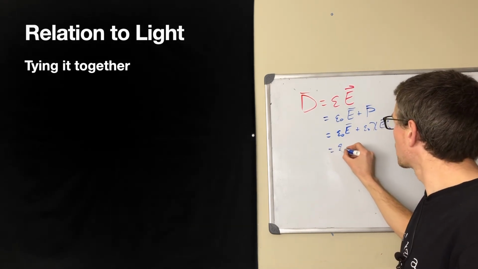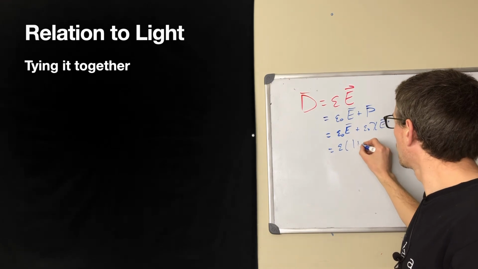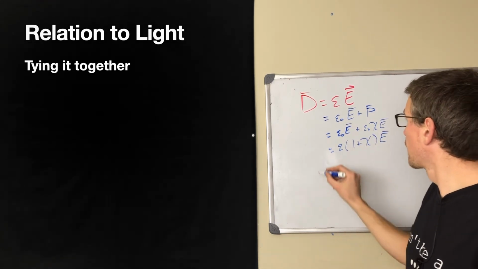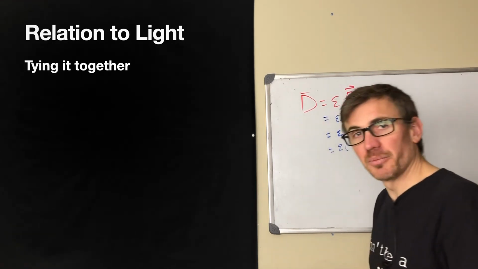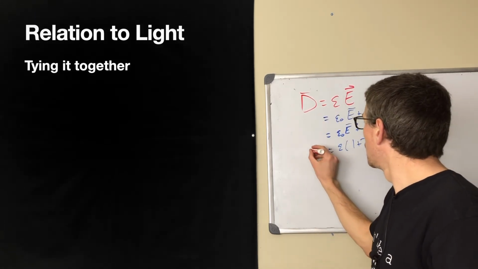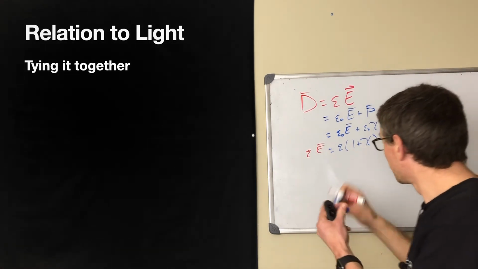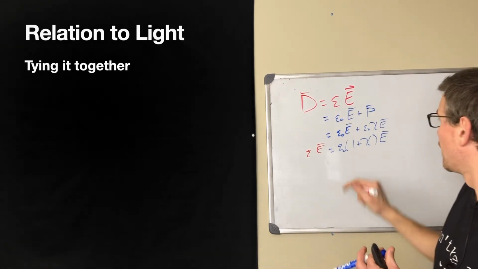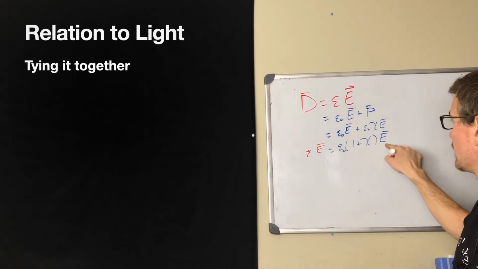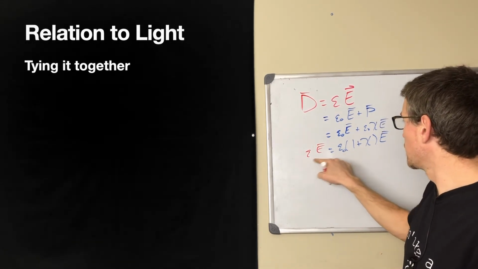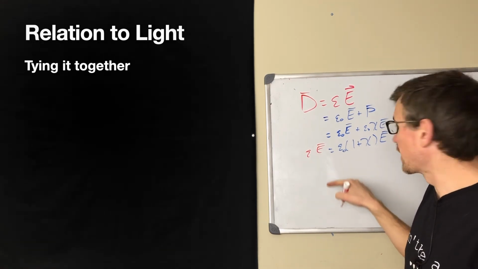So this is equal to epsilon naught times 1 plus chi times E. And that's this term here, epsilon E. Epsilon E is equal to epsilon naught times 1 plus chi times E. And we have something times E is equal to something times E, so these somethings are the same.